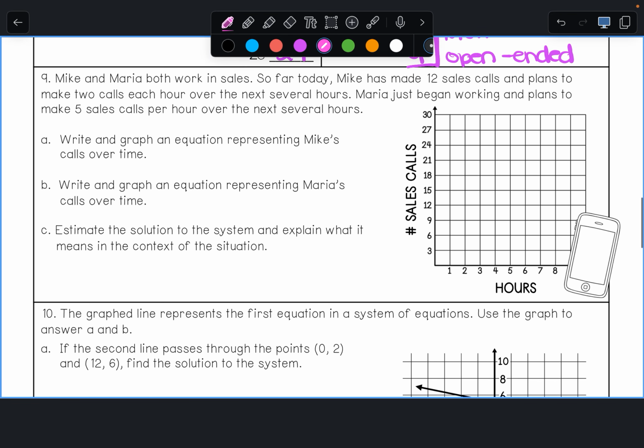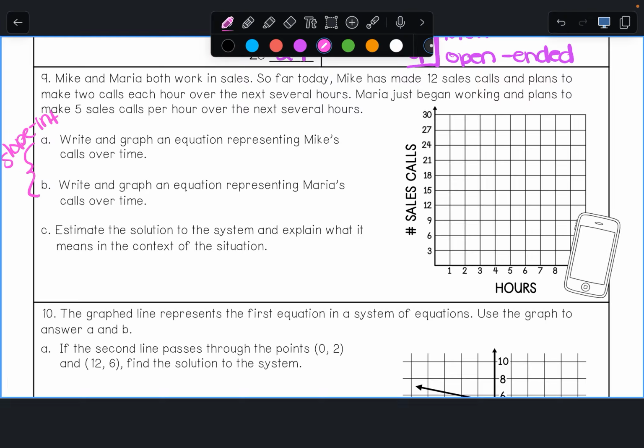So number 9, because we are going to graph these equations, when you write the equation, you don't want to write these in standard form. To graph, you want to write your equations in slope-intercept form, meaning slope, y-intercept.